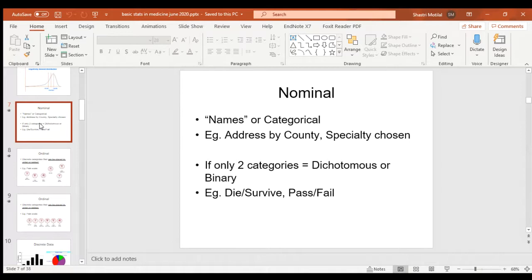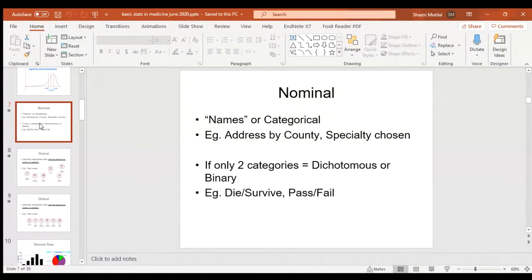If it's only 2 possibilities, we could describe it as categorical or nominal, but we go a step further and describe it as dichotomous or binary, as the words di and bi suggest 2, right? So it's dichotomous or binary. When we drew that table and we worked out those things with relative risk, and we said, yes, the outcome was death, either the person died or they did not die.